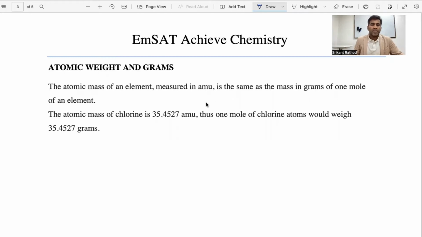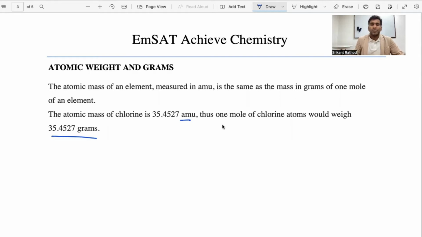So what we are trying to say is, atomic mass unit is the same as the mass in grams of that particular element. For example, the atomic mass of chlorine is 35.4527 atomic mass units. Thus, 1 mole of chlorine atoms would weigh 35.4527 grams in terms of mass. So indirectly we are saying atomic mass unit is equivalent to the gram.